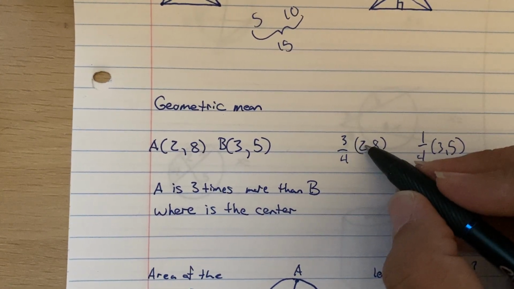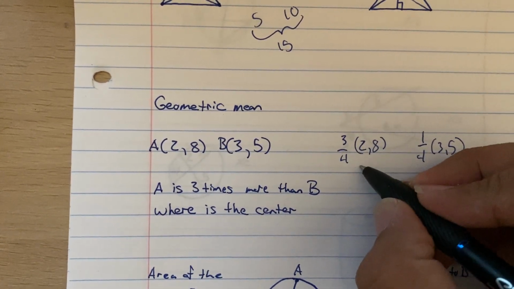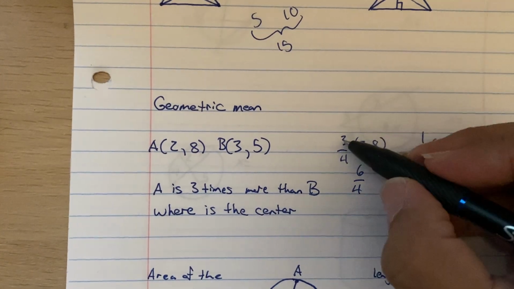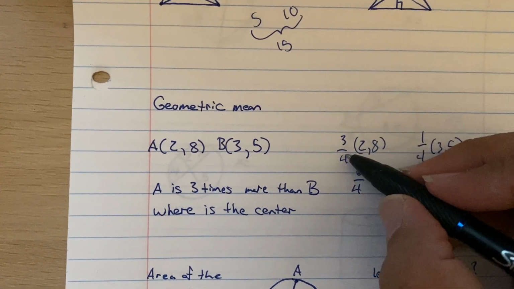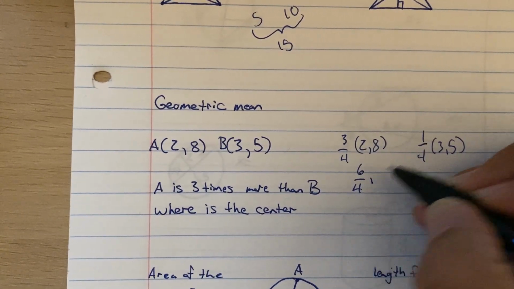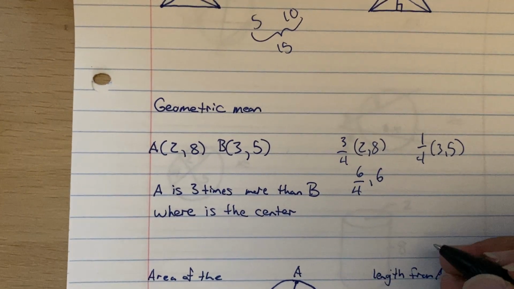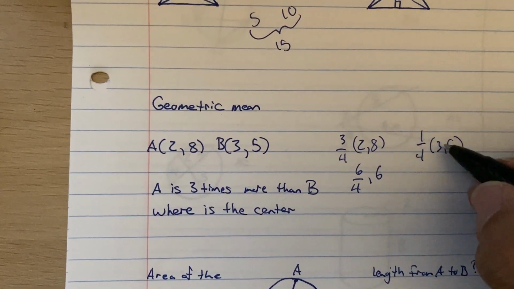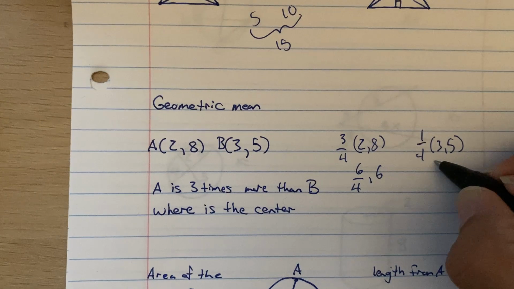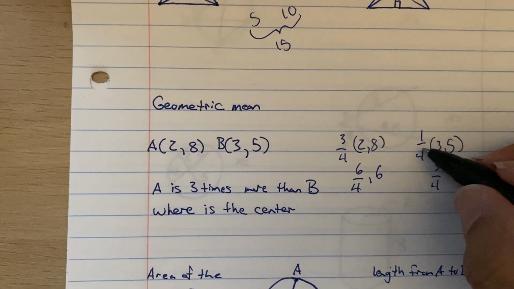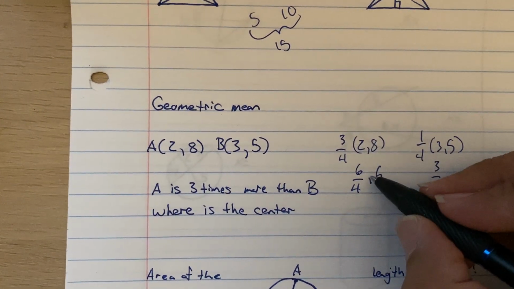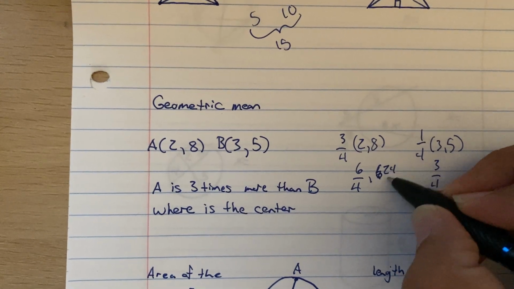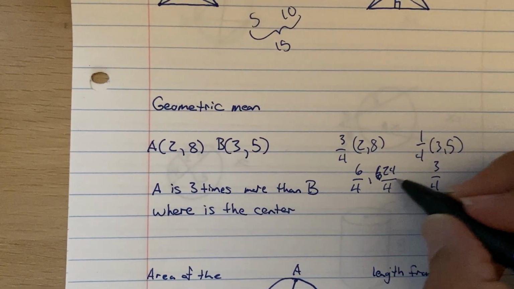So remember, the numerator multiplies, the denominator divides. So 3 times 2 is 6, 6/4. 3 times 8 is 24. 24 divided by 4 is actually 6. Then 1 times 3 divided by 4, that's going to be 3/4. Actually, I should have just left it 24/4. Let's leave it like that.